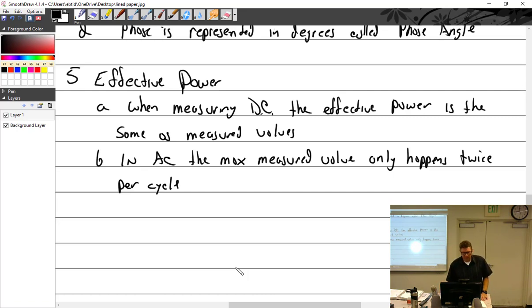So the actual power you're getting is not what we measure. Therefore, an average value must be used.